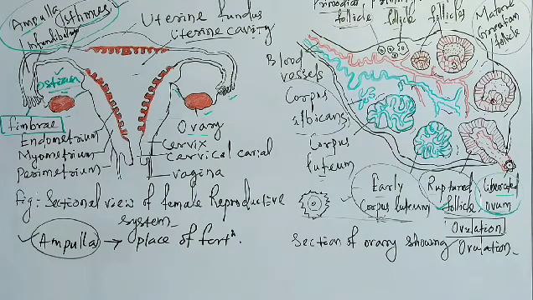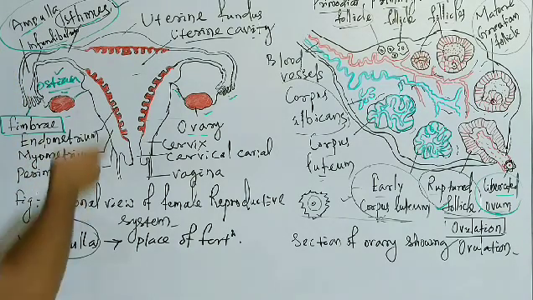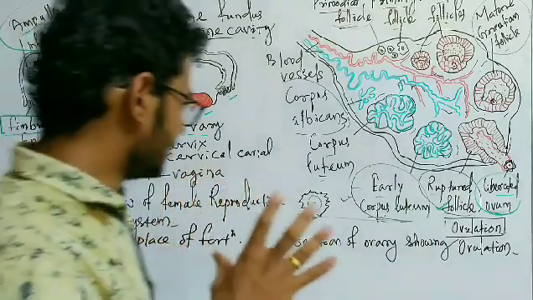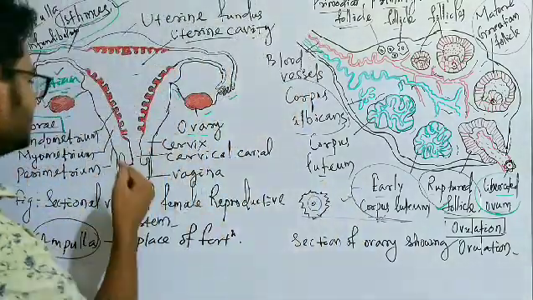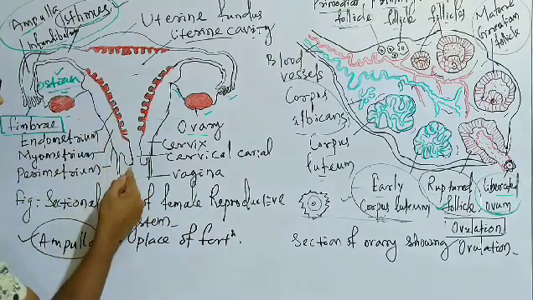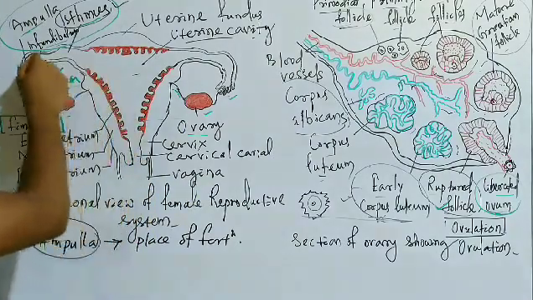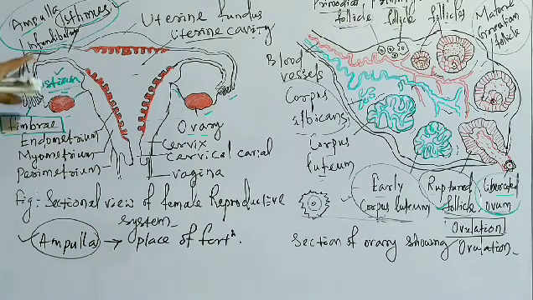Another important function is that it assists the movement of sperm also. When copulation occurs between male and female, the sperm is ejected into the vagina, and is carried through the uterus to the oviduct.